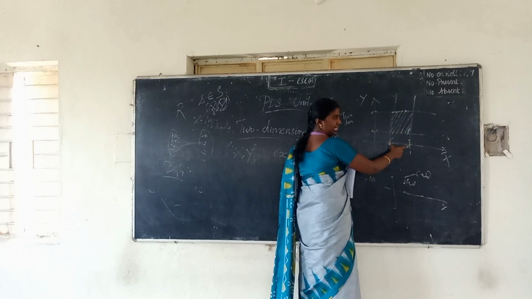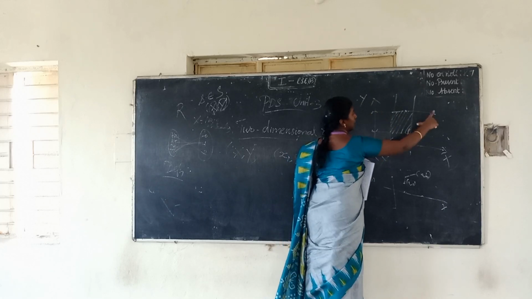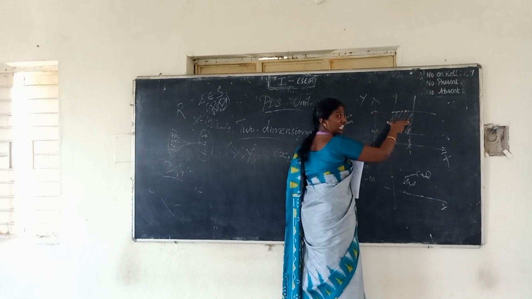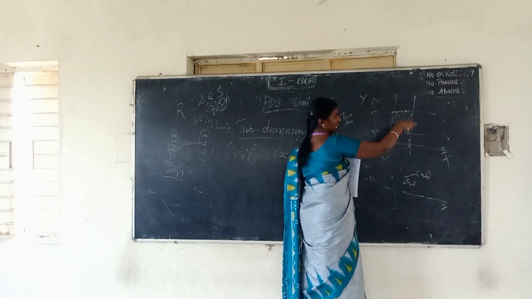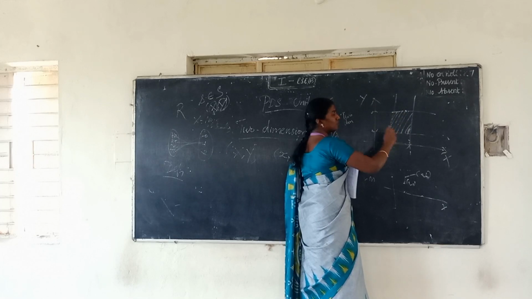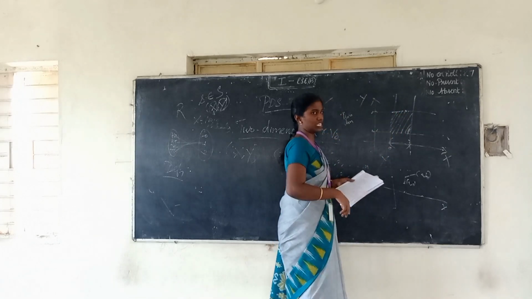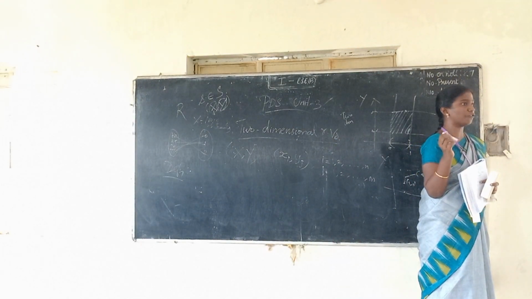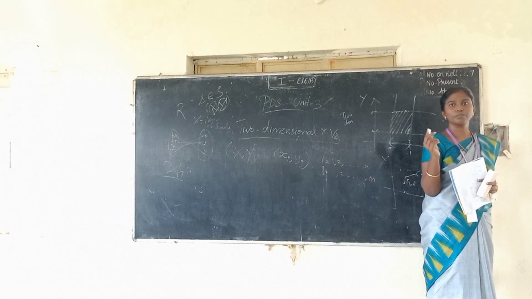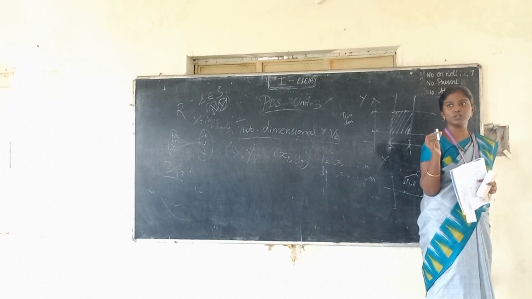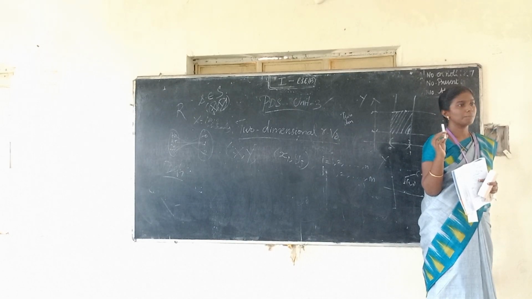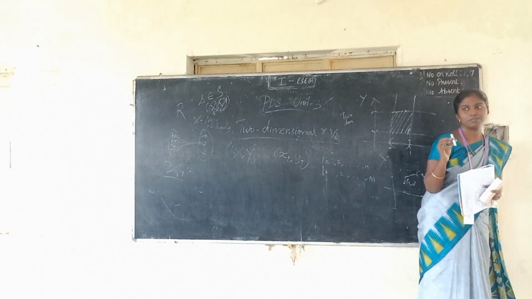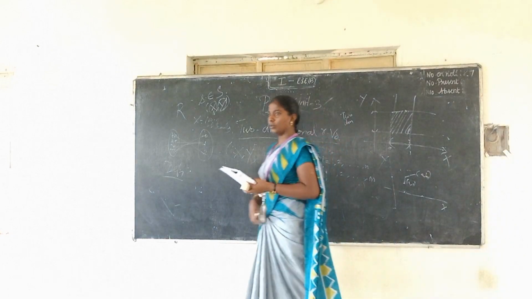Since this is an interval, together it makes a region. Now, it is not like a rectangle, just a region. So we are just going to find the area of the region. Okay. What operation can we use to find the area of the region? What operation can we use? Integration. Okay.